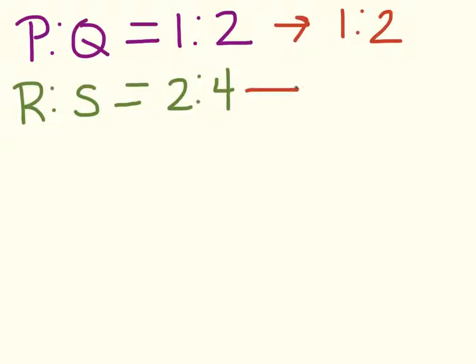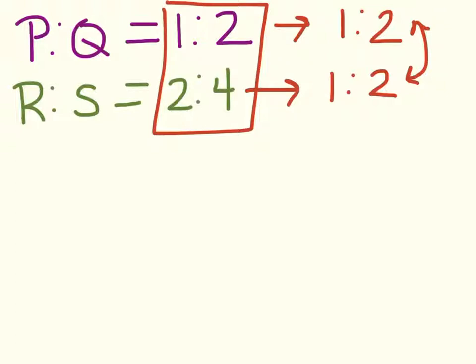Is R to S in its simplest form? No. Each term can be divided by 2, giving us a new equivalent ratio of 1 to 2. As the ratios in their simplest forms are identical, then these two ratios are equivalent.